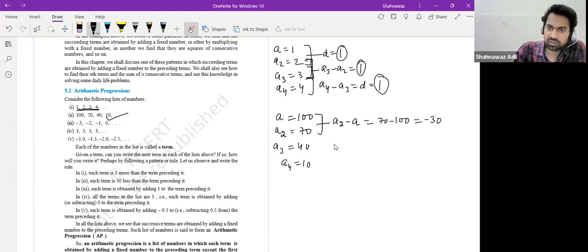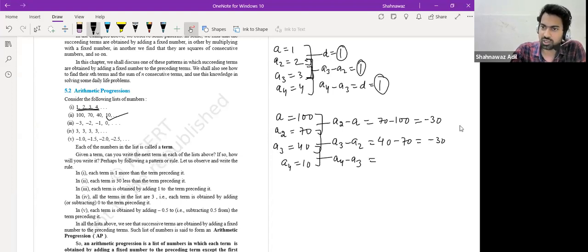And what about A3 minus A2? This is minus 30. And again, what is A4 minus A3? This is 10 minus 40, minus 30. So you guys can see that D is same.